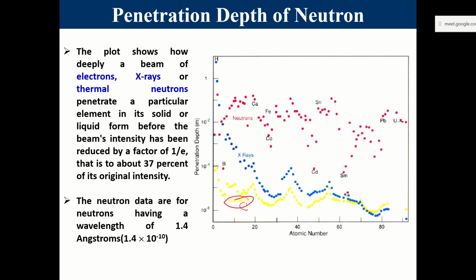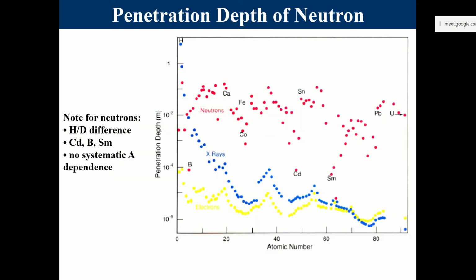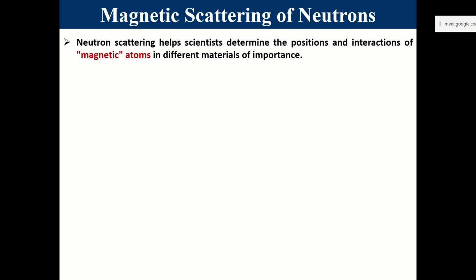Because it is a charged particle, it will be repelled by electrons when it enters the crystal. Each of these atoms has electrons which will repel this beam, so the penetration depth is very, very small, much less than X-rays, and compared to neutrons it is almost nothing. So an electron beam can also undergo diffraction, but its penetration depth will be very small, so it will not be able to go far through the sample.